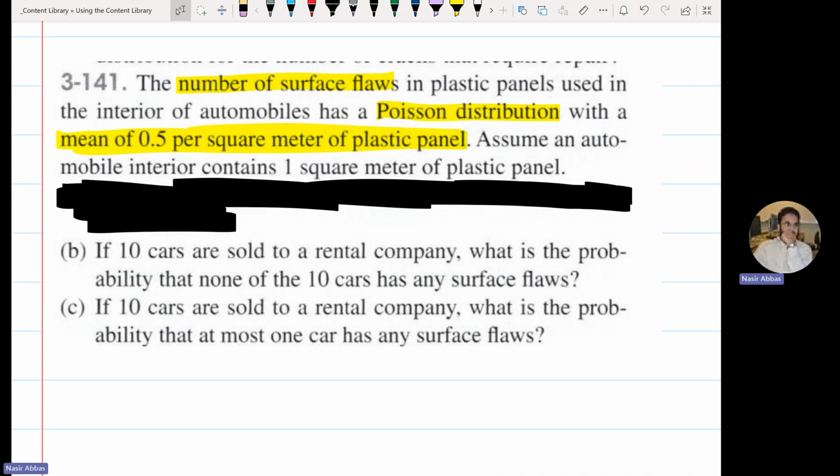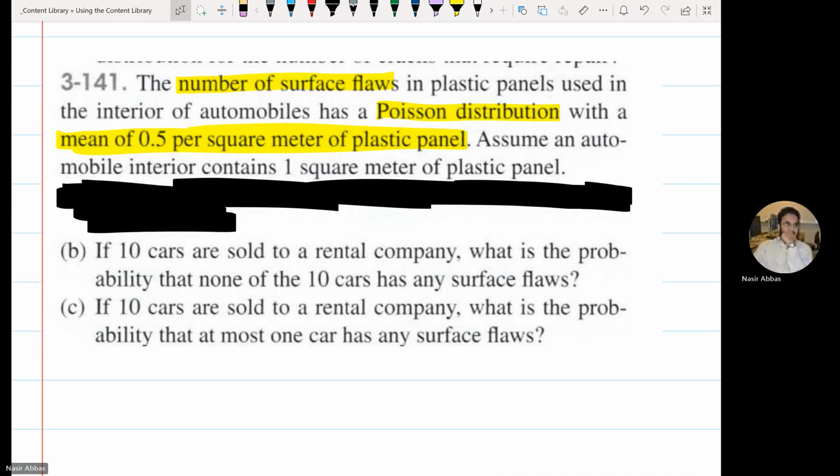For any single car, the number of flaws follows a Poisson distribution with lambda equals 0.5 per square meter.